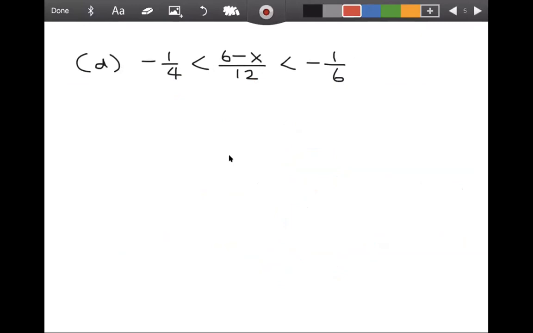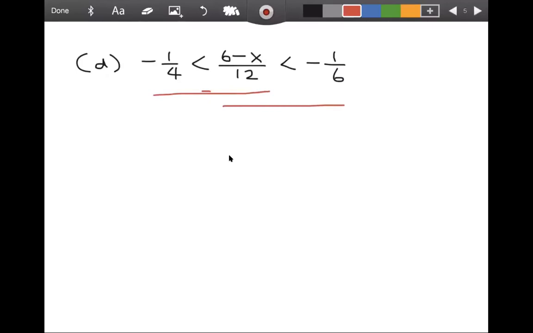All right, this is an example of an AND problem, and I believe we did some of these back in section 2.8. This is shorthand notation for -1/4 is less than (6 minus x) over 12, and (6 minus x) over 12 is less than -1/6.